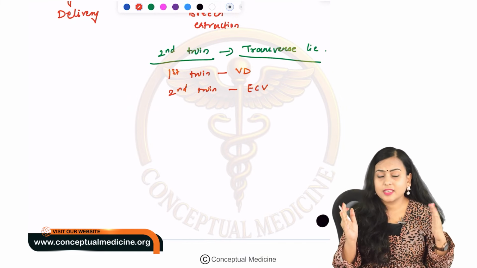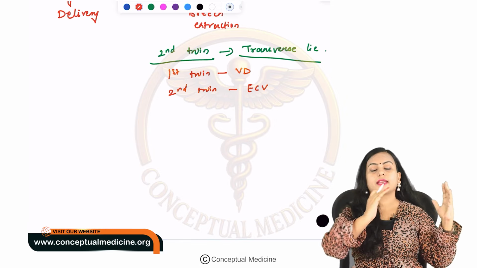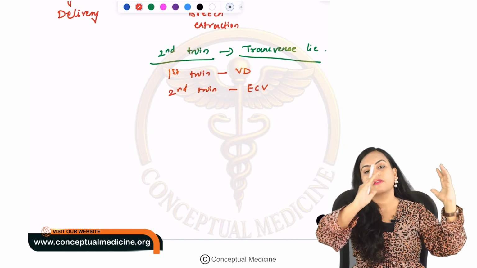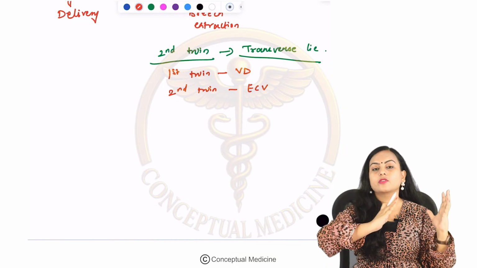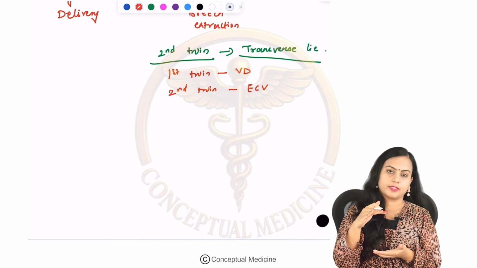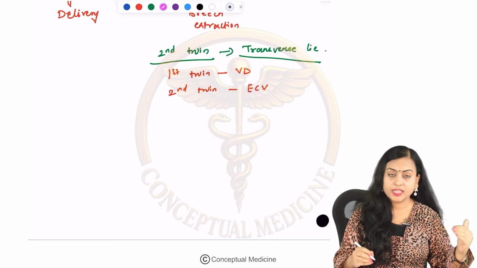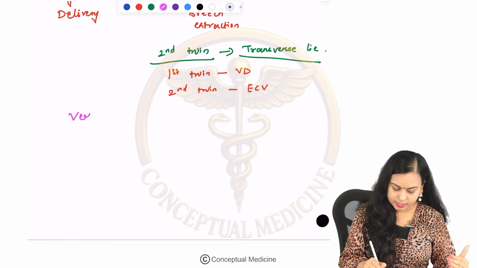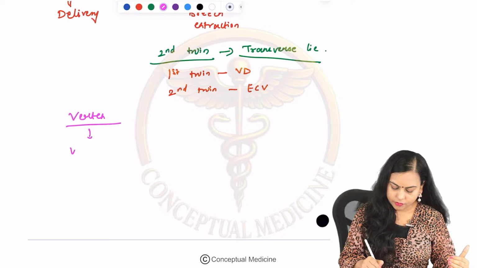External cephalic version means moving the baby through the abdomen, okay? Either you can bring the baby to a vertex presentation, or you can bring the baby to a podalic presentation, right?